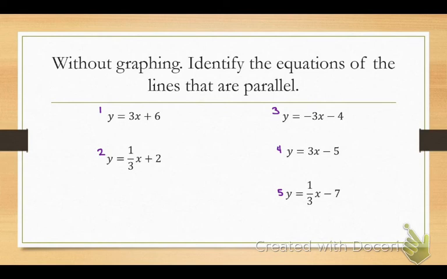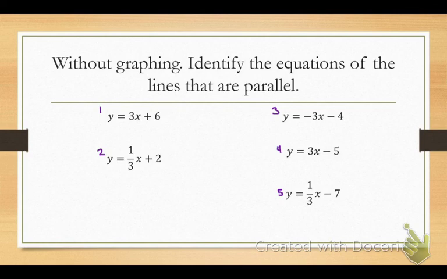So you might say 1 and 3 or 2 and 4 or whatever. There could be more than one pair of parallel equations. You can circle them, but if you just circle everything, there's no way to tell.